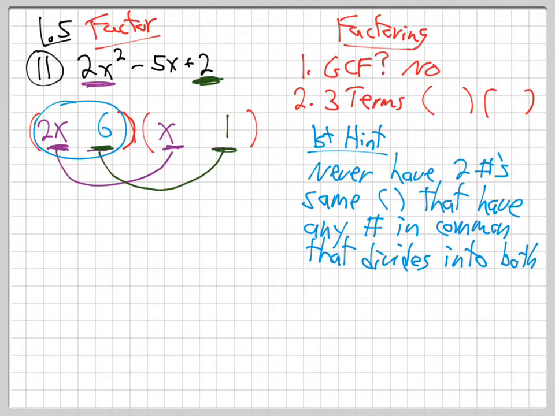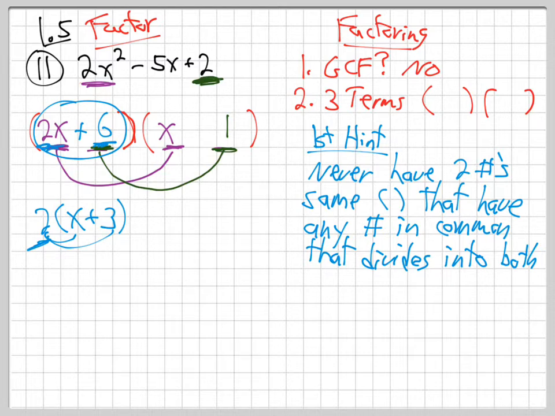Well, because say it was 2x plus 6, you could factor out a 2. 2 goes into both of them, so you could factor out a 2, right? 2 times x would go back to 2x, and 2 times 3 goes back to 6. Because they have 2 in common, you could factor out a 2. Okay, so what? Well, that would mean 2 is in common in the front.